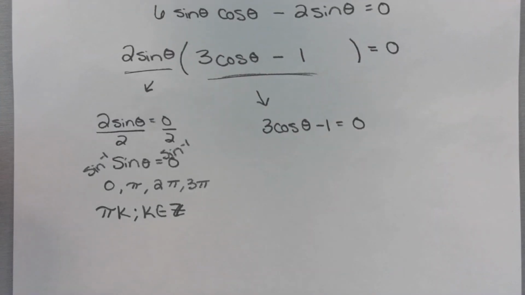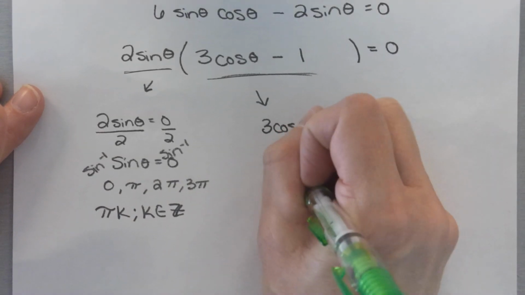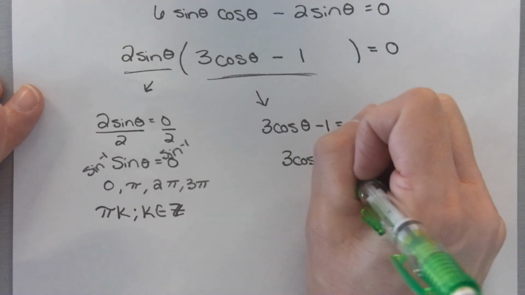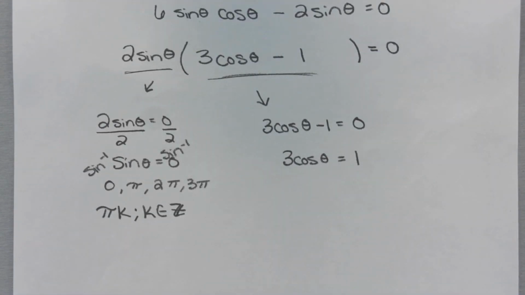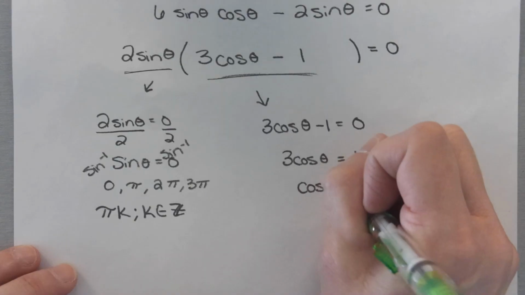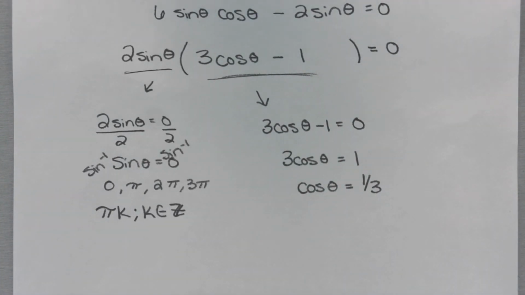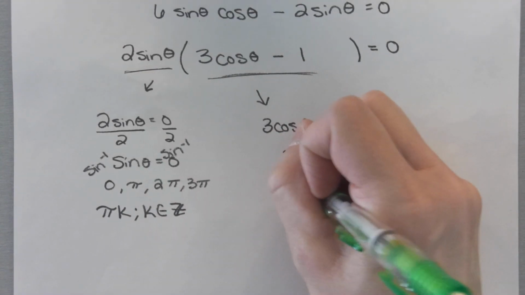Okay, let's go to the other side. What should I do first? Add the 1. 3 cosine theta equals 1. Then divide: cosine theta equals 1/3. Now what should I do? Inverse cosine.